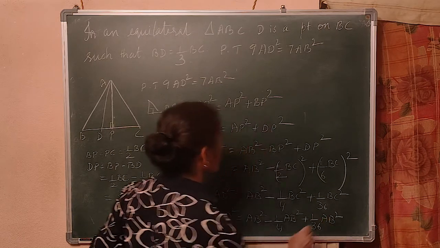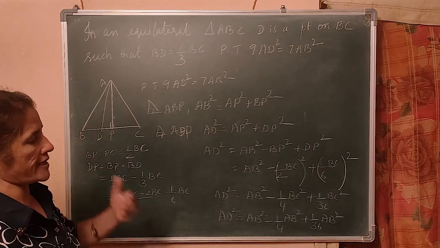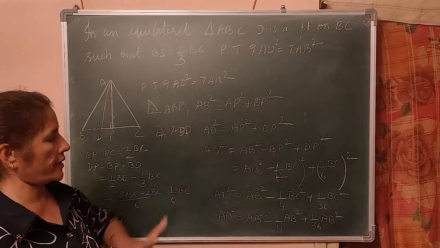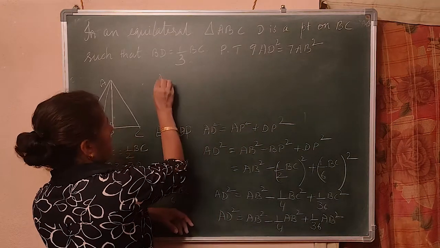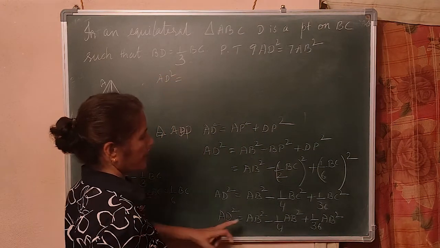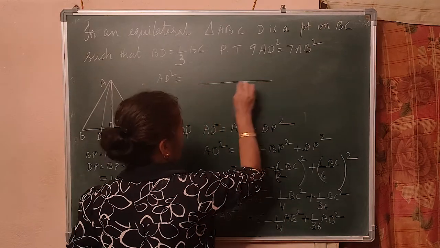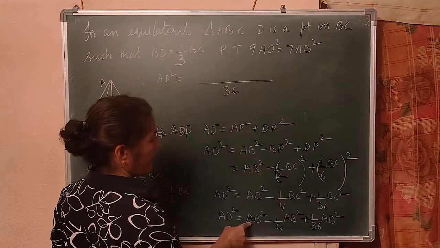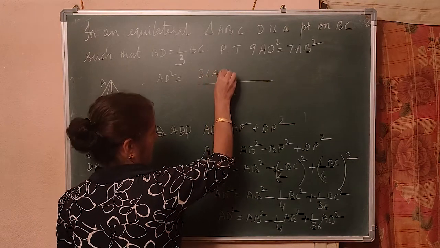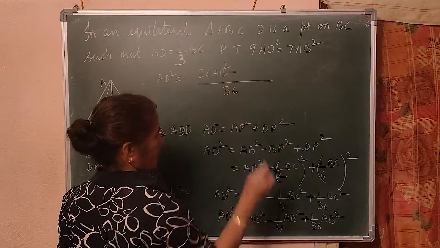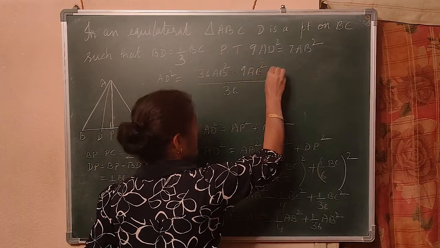Can I write down like this? Because it is an equilateral triangle, AB is equal to BC is equal to AC. So I wrote all AB square. So what do I get? AD square is equal to AB square, let me take the common denominator 36: 36 AB square minus 9 AB square plus AB square.